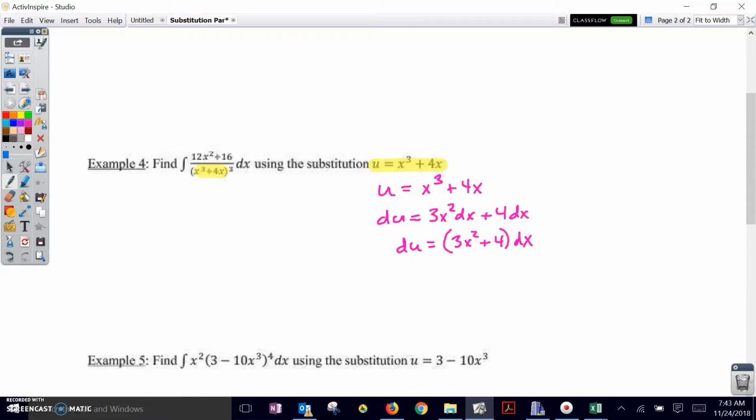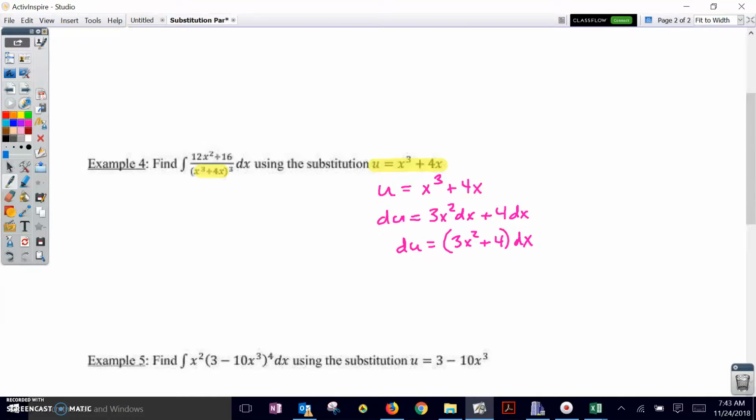I would normally skip this second step altogether, because I know since all of these terms contain x in my u that I'm going to have a dx times everything at the end. I would normally jump right to du equals the quantity 3x squared plus 4 dx.